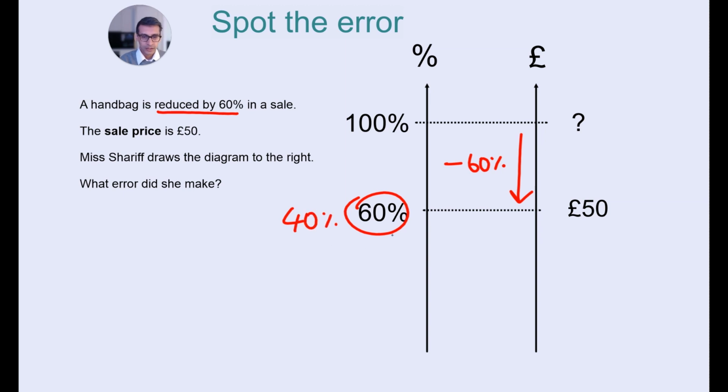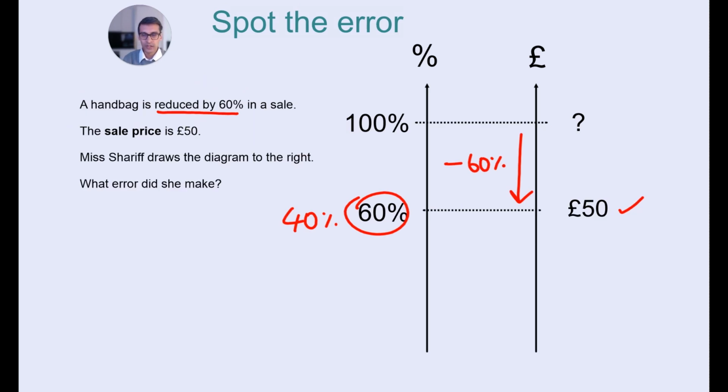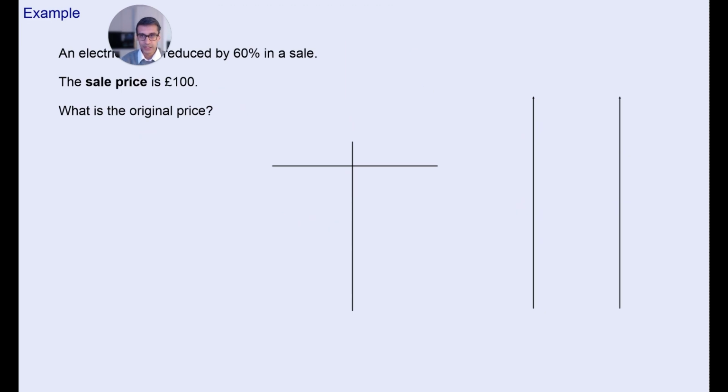So this error, and we know sale price is 50, this error along with the previous page, those two are the most common mistakes we see with reverse percentages, so just be careful with that. Remember, a reduction of 60% means you're paying 40%. Make sure you label your diagram carefully, and then from here you can work out other things, including the original price.